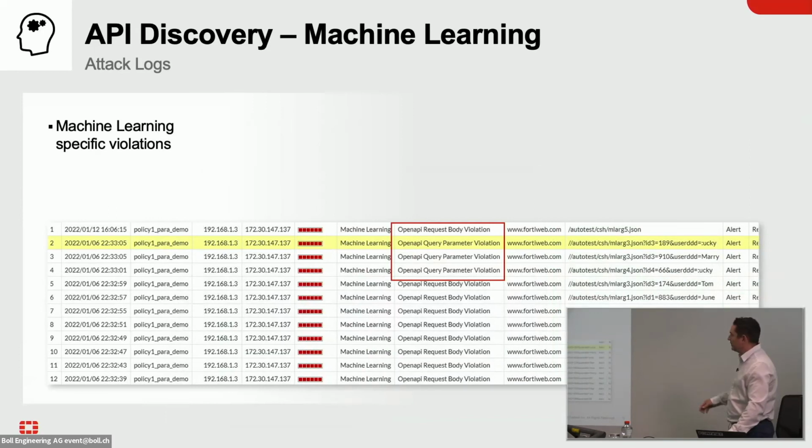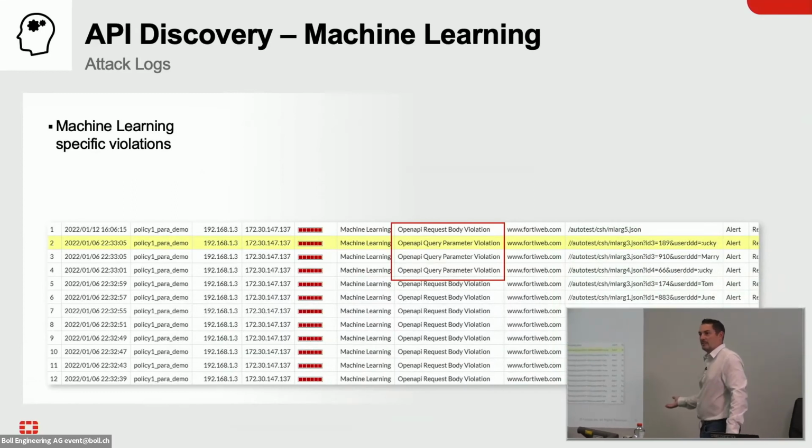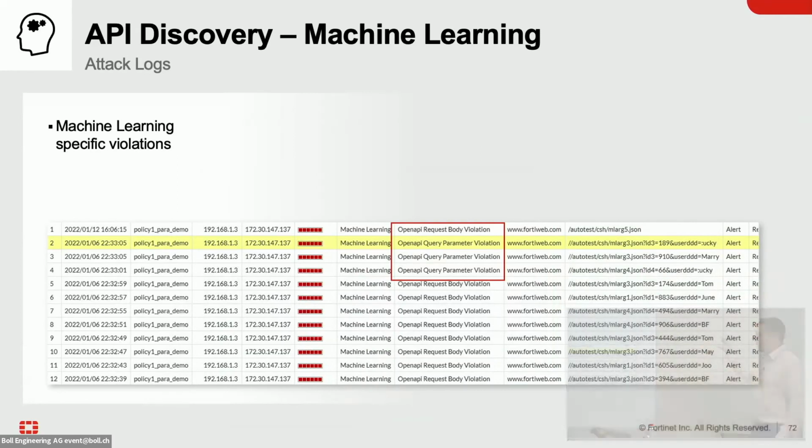And we can also find in the log everything which could be a violation, because it's important to build the model, but it's also important to understand that someone is doing something bad. So this is in the log part. You can really learn what the parameter violations are in this area.